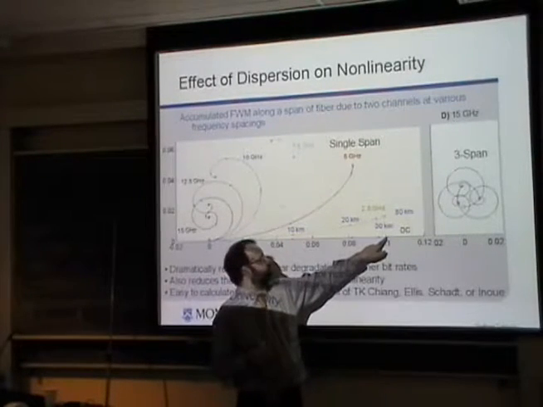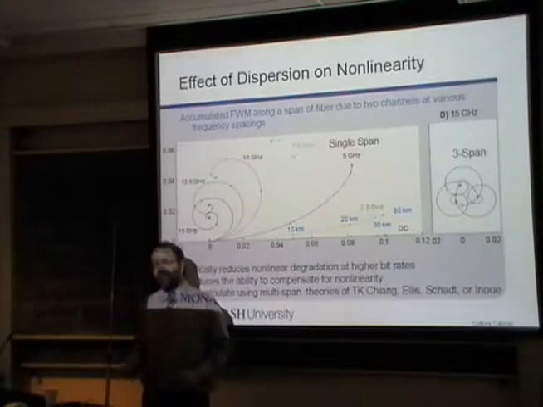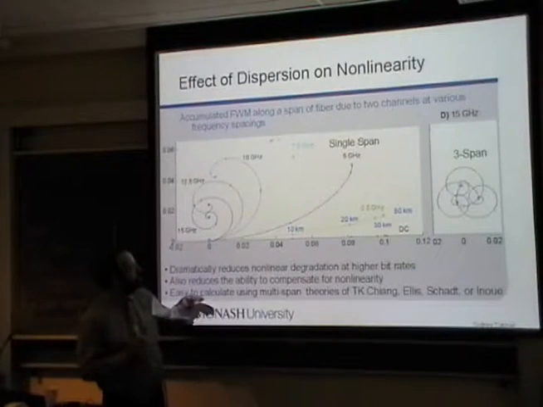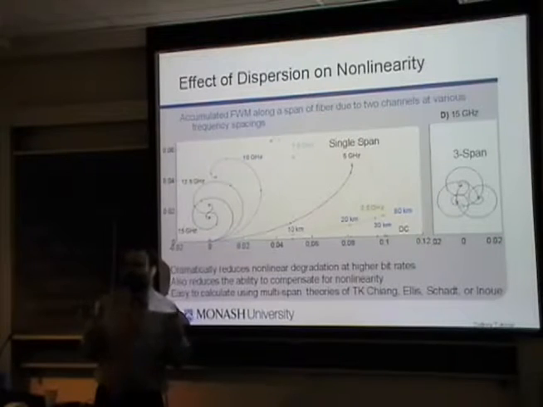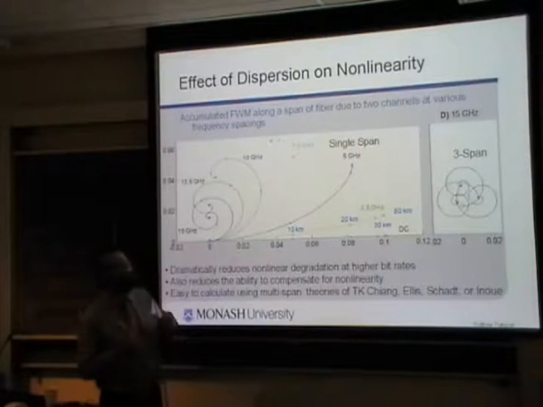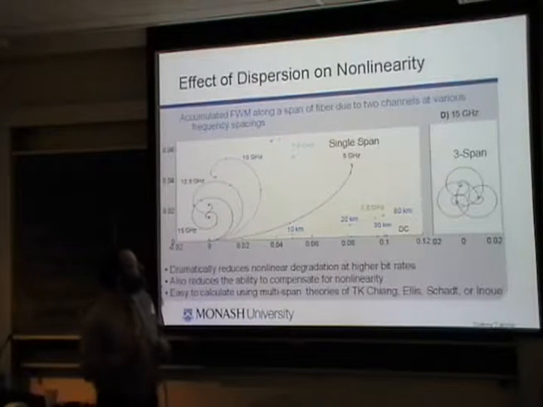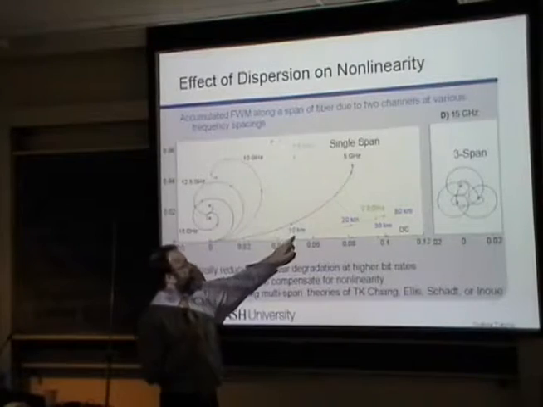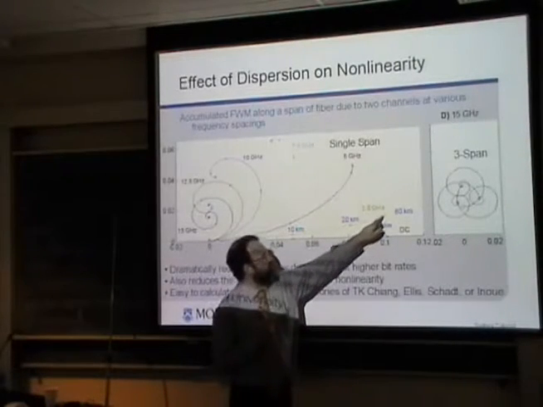Now, if you have dispersion, then each of the four-wave mixing products, as it goes along the fiber, changes phase due to dispersion. And so they no longer add in a scalar fashion. So the first one goes to here, the second one goes to here, the third one goes to there.